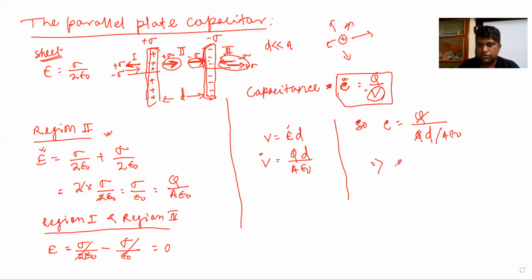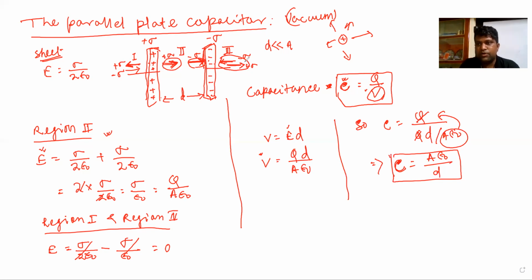So C is equal to, with A epsilon naught in the denominator, I will take it to the numerator, so it becomes A epsilon naught by d. So this is the capacitance of a parallel plate capacitor when there is vacuum in between. There is no dielectric or any other material inside the parallel plates.